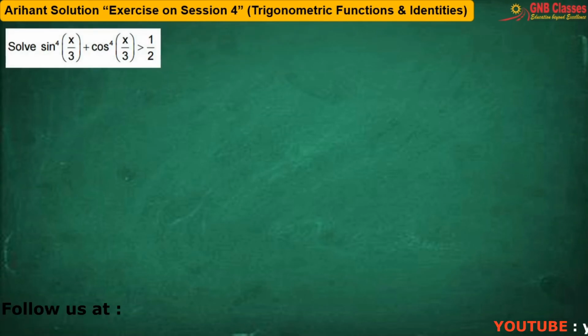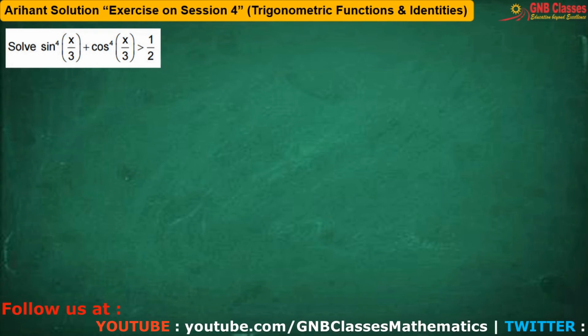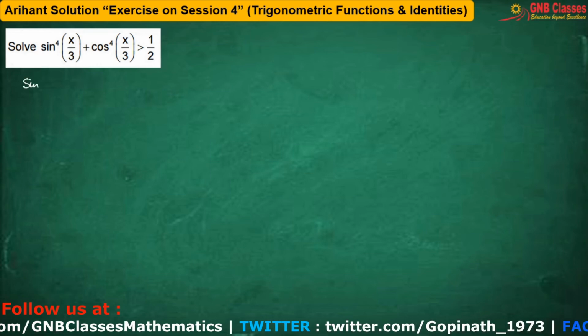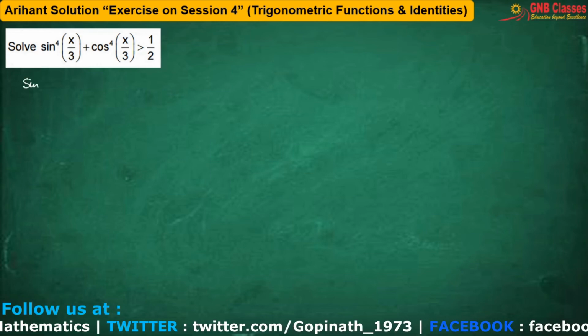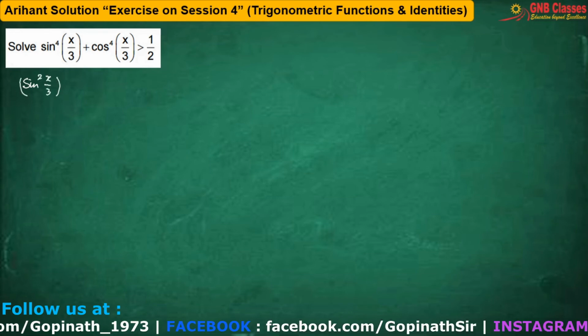Here no range of x is given. So we have to find out the general set of solution. Now we have been given sine to the power 4 x by 3. So it can be written as sine square x by 3 whole square.